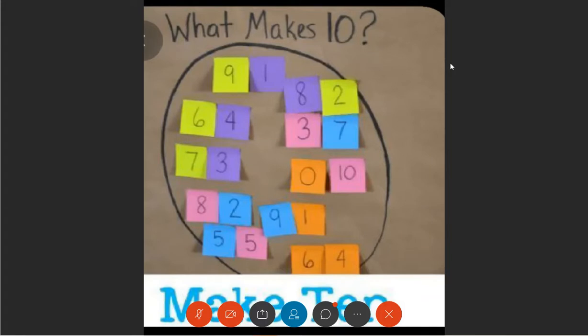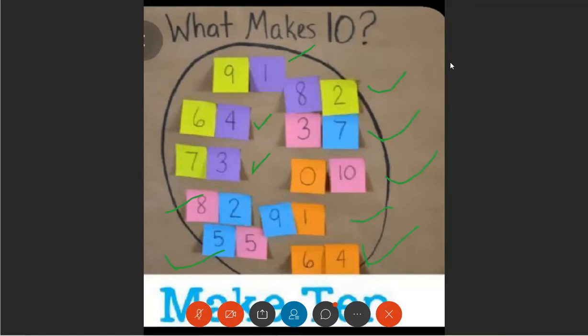You can make 10 by 9 plus 1, 6 plus 4, 7 plus 3, 8 plus 2, 5 plus 5. Again the same thing, 8 plus 2, 3 plus 7, 0 plus 10, 9 plus 1, 6 plus 4 will make 10.